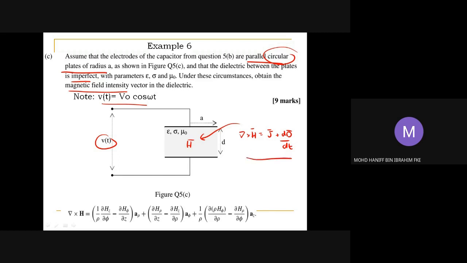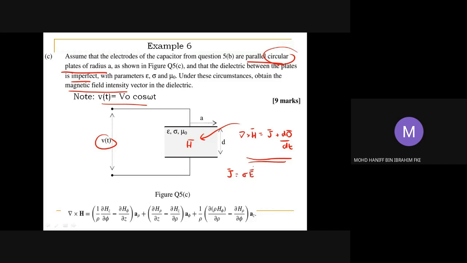That should be the equation to be used, because in this particular case we have a lossy medium, or lossy dielectric, which has conduction current and also displacement current propagating inside the dielectric. Based on that, J should be equal to sigma E.